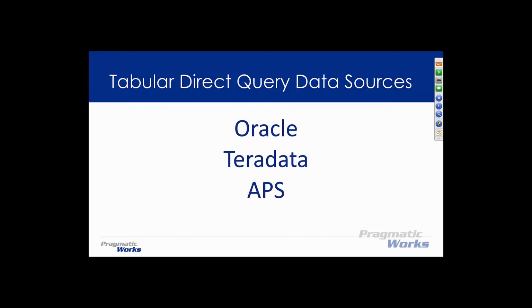By adding in more non-Microsoft sources as well as APS, you now have the ability to use direct query against an Oracle data warehouse on tabular, present that data and have that be your semantic layer that exposes data from Oracle to your users in Power BI or in Excel, or frankly any tool that can interact with tabular directly.